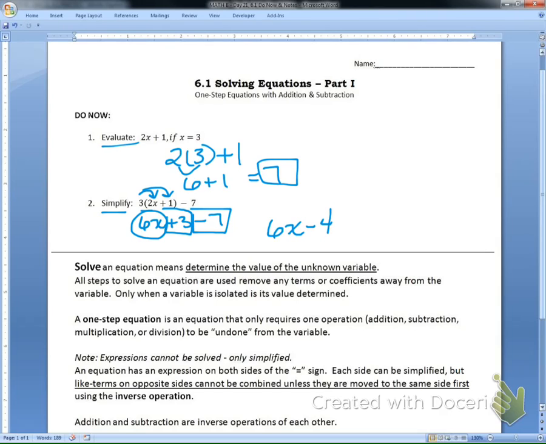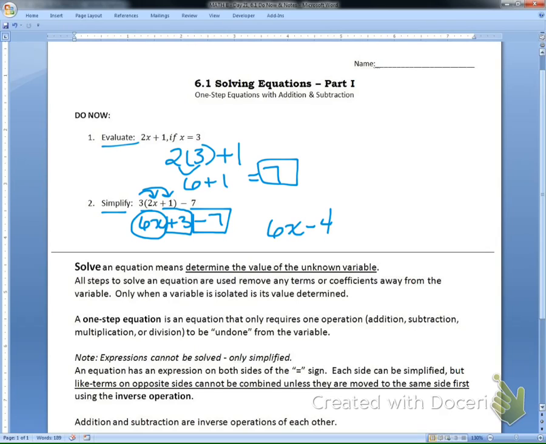You'll often hear an equation called a one-step equation, and that's what we're going to be looking at today. A one-step equation is an equation that only requires one operation, either addition, subtraction, multiplication, or division, to be undone from the variable in order to get that variable all by itself.